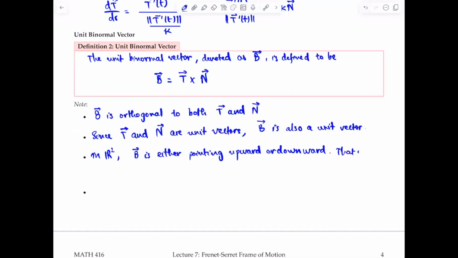That is, T and N create a plane, and B is normal to that plane. Yes, in R2.